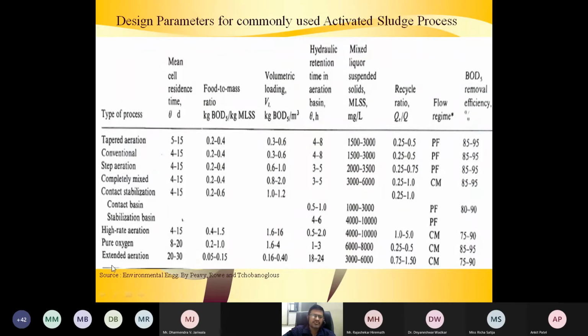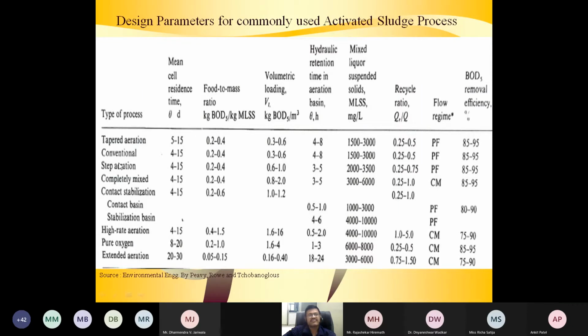So there are different types of processes. These are the modified processes. The activated sludge process is modified into tapered aeration. Tapered aeration means we give the aeration more first, then less in the second, then the third. Wherever less oxygen is required, we provide less, and wherever more air is required, we give more air.